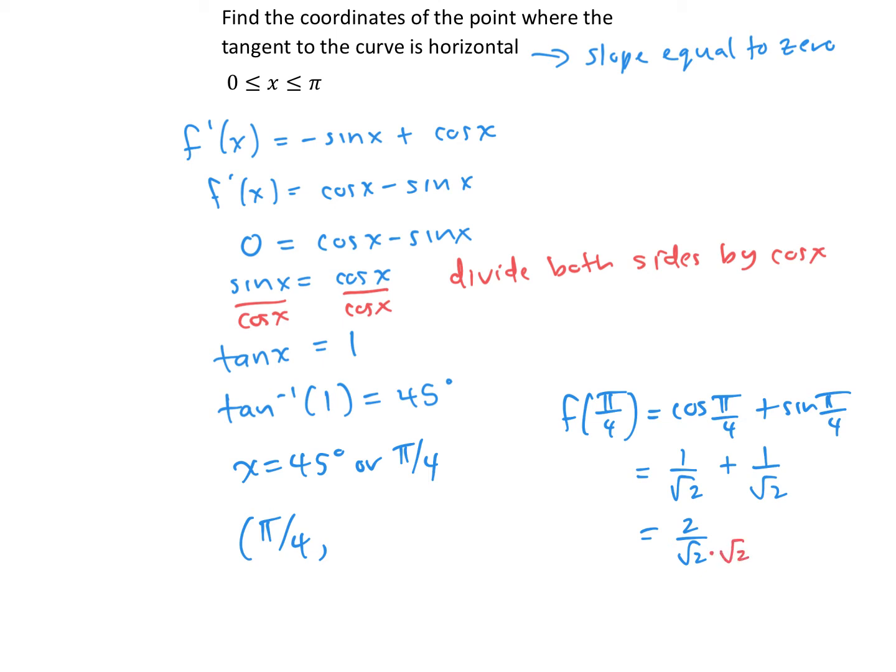So let's multiply the denominator by root 2 so that we get 2. We have to do the same to the top. So that's going to give me 2 root 2 over 2, which will reduce to root 2. And so this is the coordinates of the point where the tangent to the curve is horizontal or has a slope of 0.